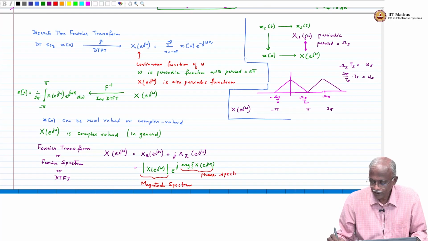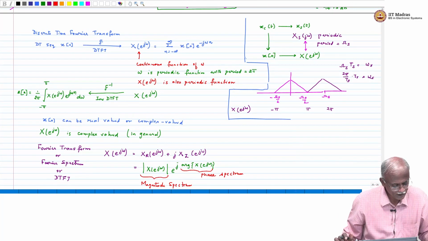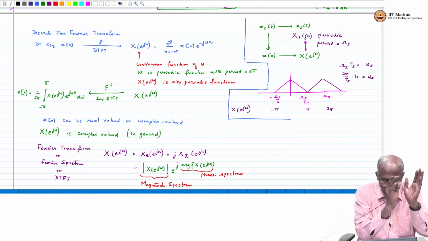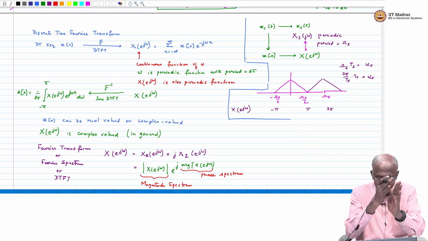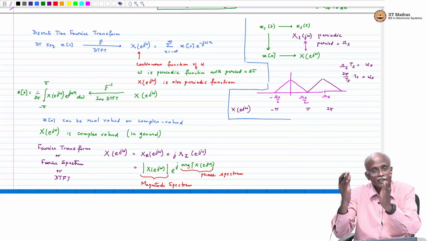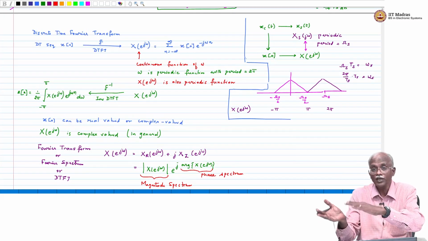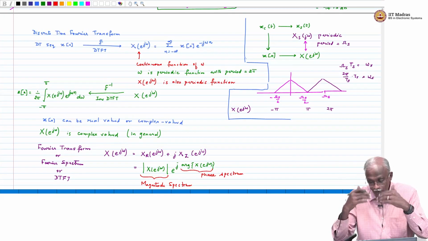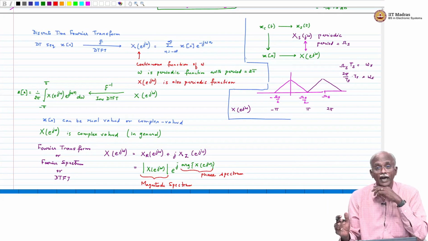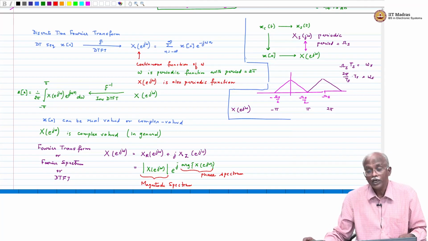So, magnitude spectrum, phase spectrum, both of which are derived from the real and imaginary parts, and so a discrete time sequence can be represented in terms of Xe of j omega, and Xe of j omega is a complex quantity in general. So, you can think of it as real part and imaginary part, or magnitude and phase. Magnitude and phase is what we will often look at and then say that this is what we are looking to utilize.